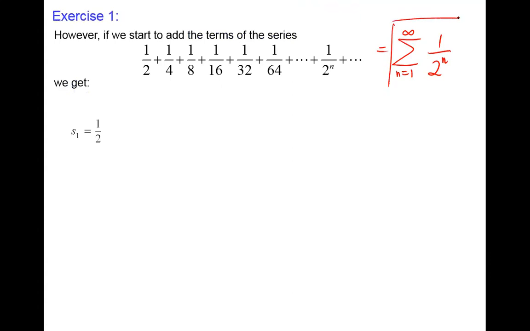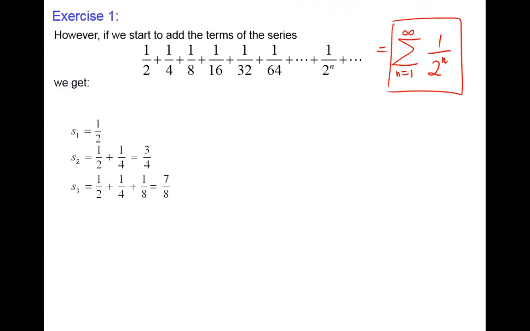That means this is my infinite series. And I will try to look at these sums, the partial sums. If I take just one term, of course it's 1/2. If I add 2 terms, the partial sum S sub 2, 1/2 plus a quarter, 3/4.